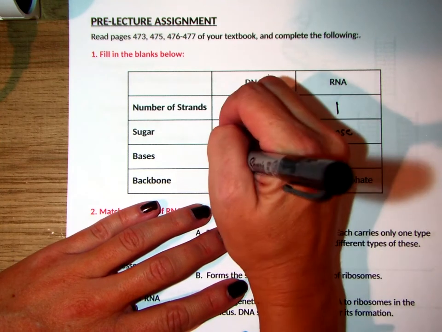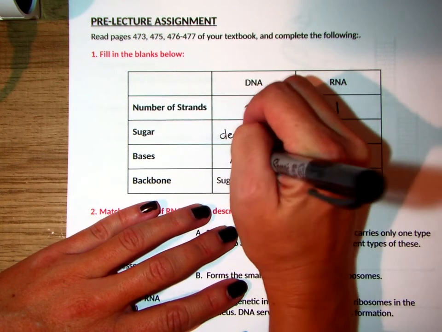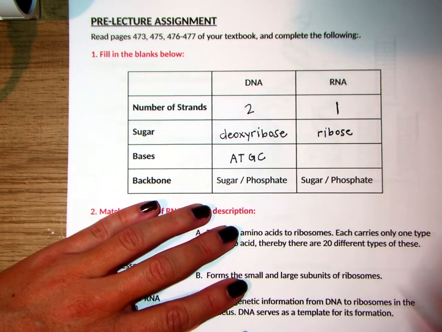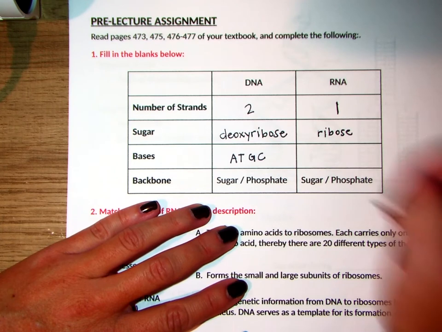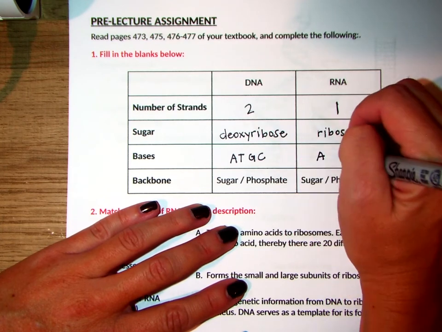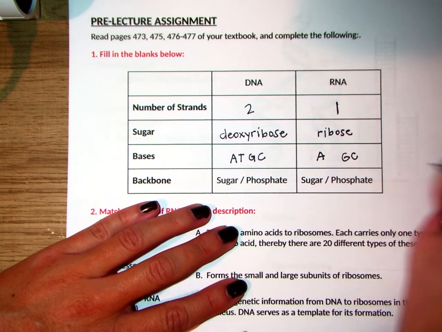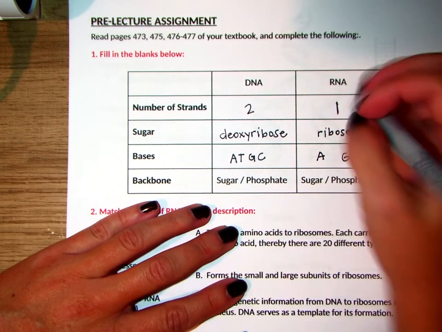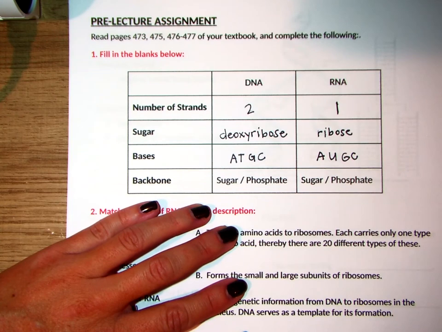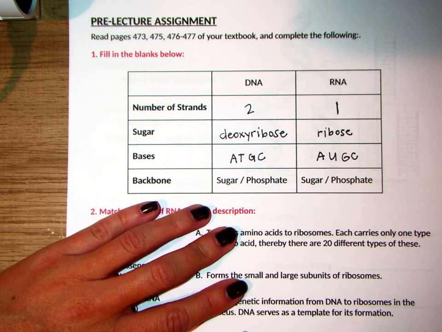And then the bases are A, T, G, and C for DNA. And for RNA, they're the same, but we replace this T with a U. And those are representing the first letters of each of those bases.